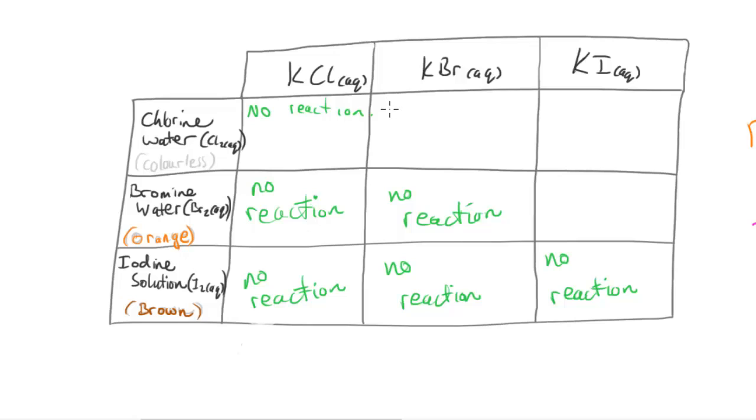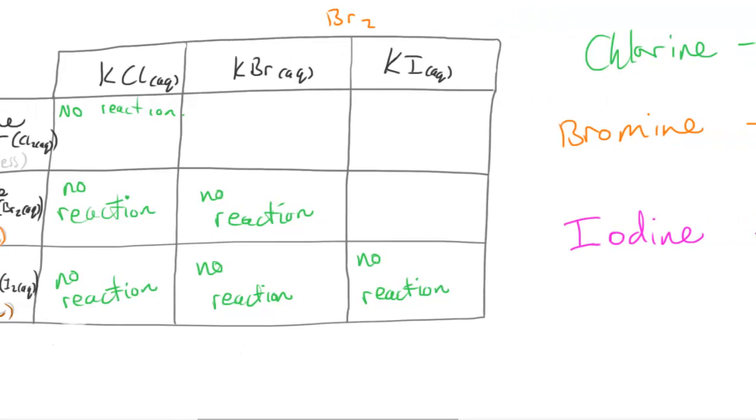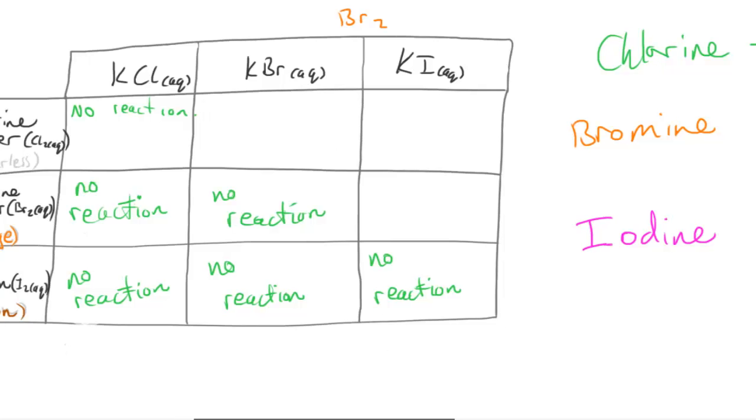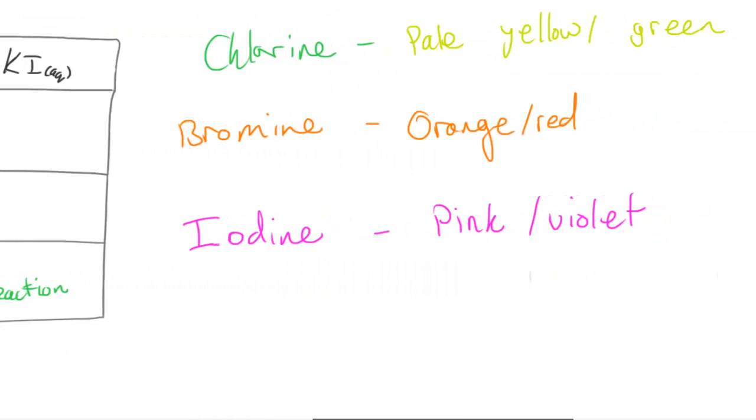The color we're going to observe is going to be the color of when bromine, Br2, is dissolved in organic solvent, since that's what's going to be produced when the Br in KBr gets displaced. So it's going to be orange red.